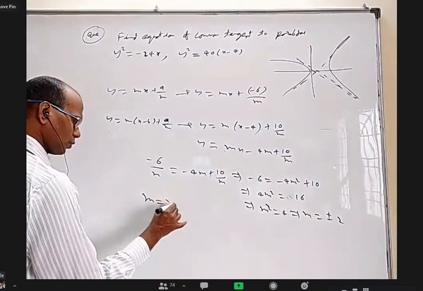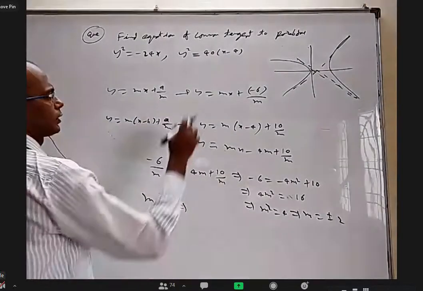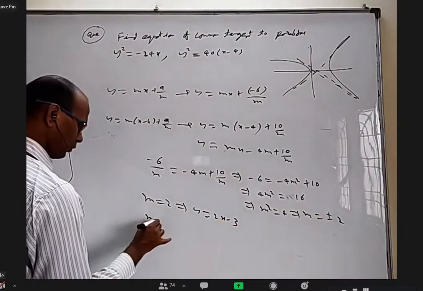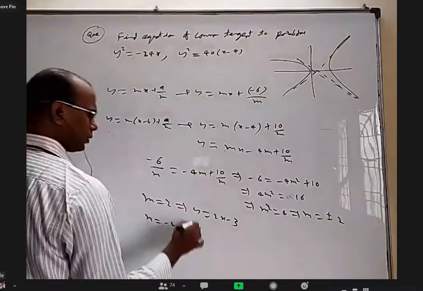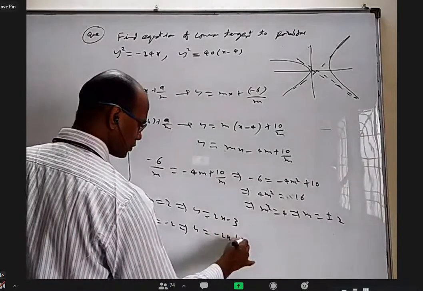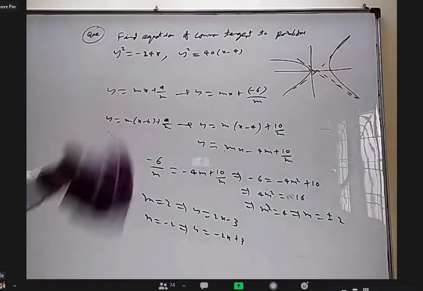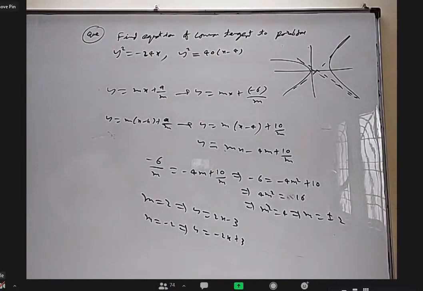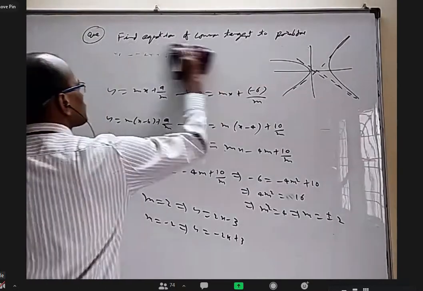If I put m equal to 2, I'll get y equal to 2x minus 2. If I put m equal to minus 2, y equal to minus 2x plus 2. Yes, there are two common tangents because they are mirror images. Is it clear, everybody? Okay, those are completed.